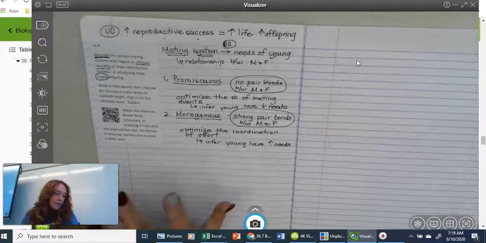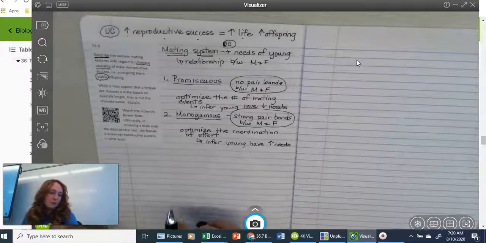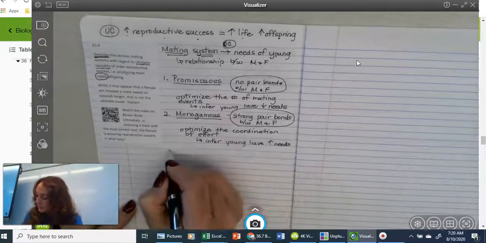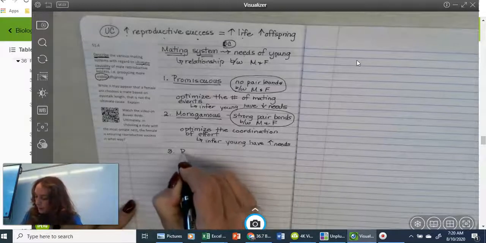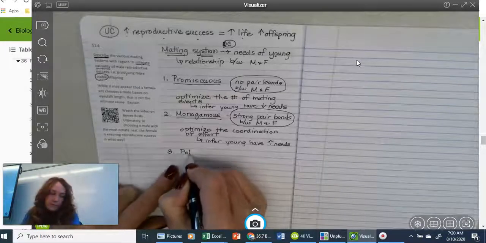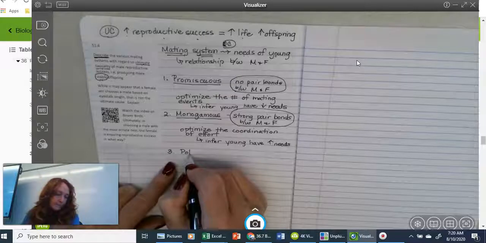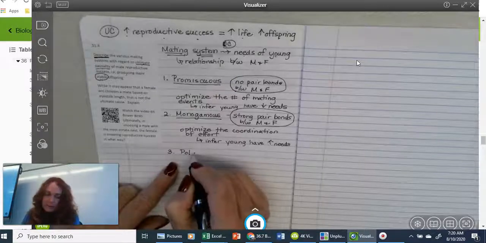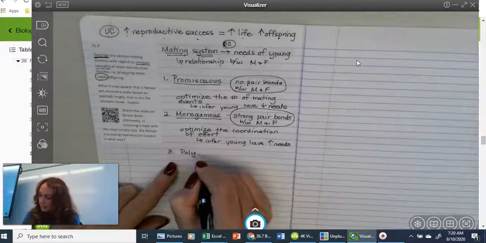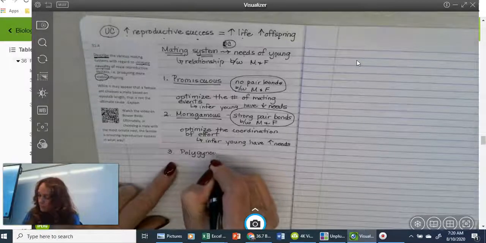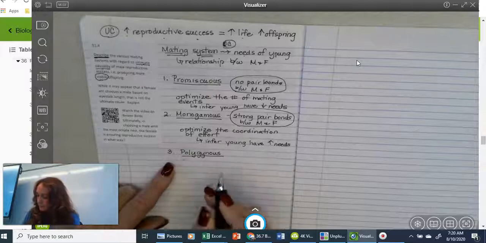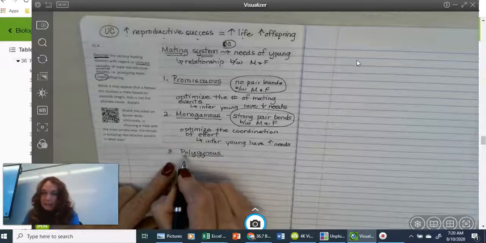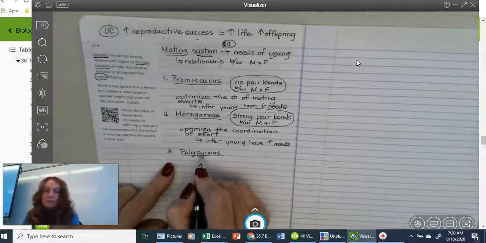So let's keep going. This isn't the only way that things work. There's another system that's called polygynous, but poly means many, GYN means female.